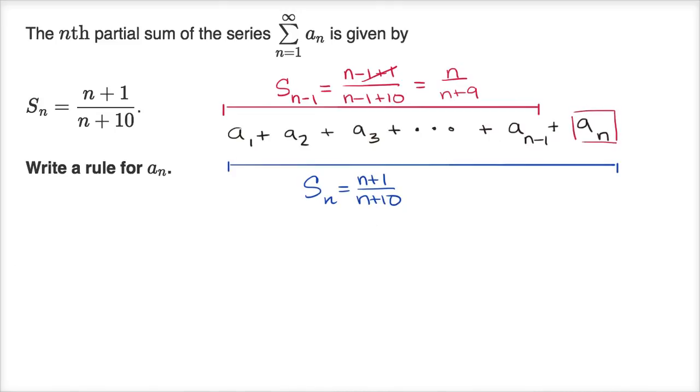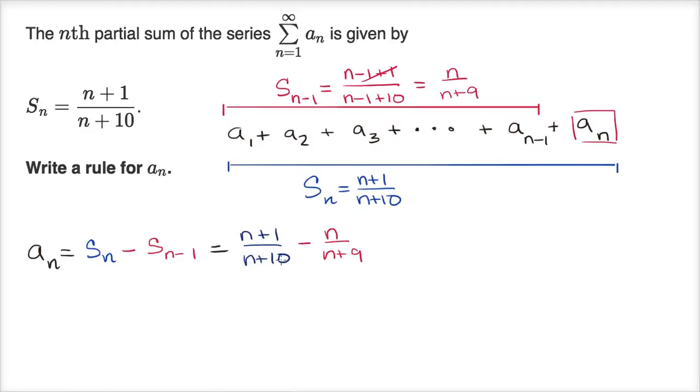So we could write down a sub n is equal to s sub n minus s sub n minus 1, or we could write that as n plus 1 over n plus 10 minus n over n plus 9.